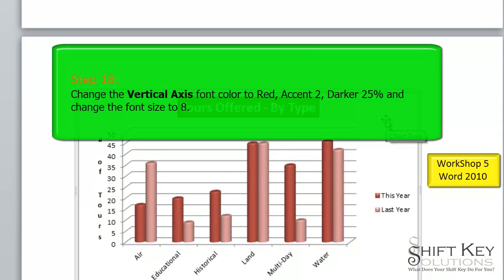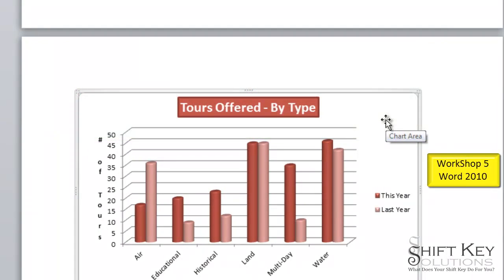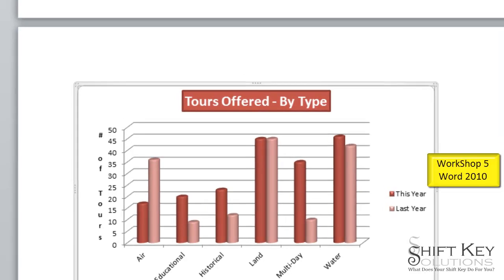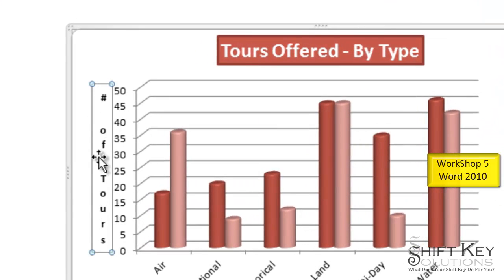Step 18 tells us to change the font color of our vertical axis title to red accent 2 darker 25% and change the font size to 8. So in order to do that, we're going to select our chart title, and then I don't have to click and drag to select anything, because as long as the border is selected, any modifications will apply to everything in there.